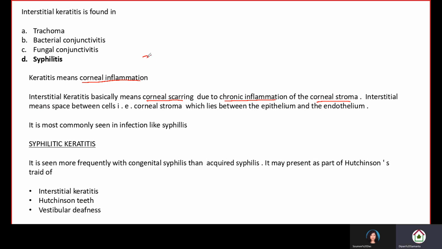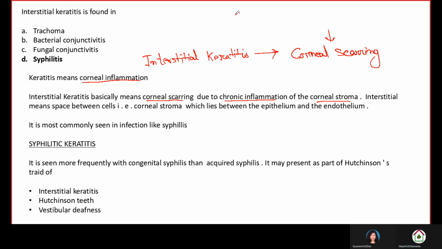So interstitial keratitis means corneal scarring, and this occurs due to chronic inflammation of the corneal stroma.